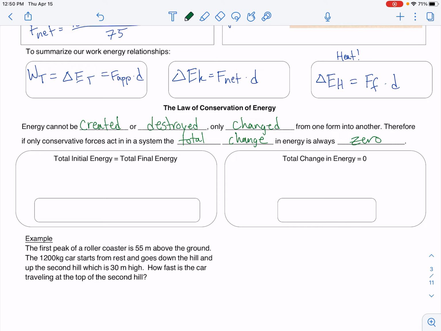We can expand that out to be our initial kinetic plus our initial potential equals our final kinetic plus our final potential. Expanded even further: 1/2 mass times velocity squared initial plus mgh initial equals 1/2 mv squared final plus mgh final.